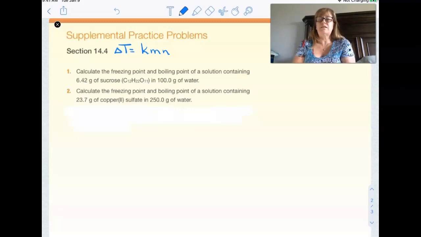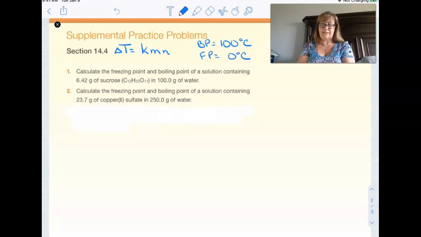So when we're dealing with water, this boiling point and freezing point you must have memorized. So water's boiling point equals 100 degrees Celsius, and its freezing point equals 0 degrees Celsius. I think most of you already have that memorized, but just in case. So let's look at first the freezing point.